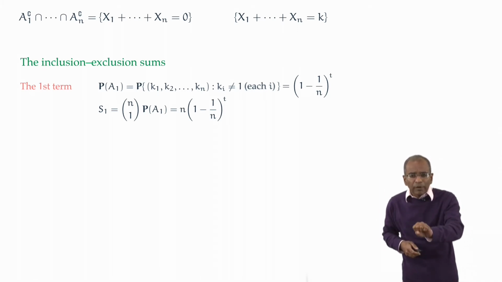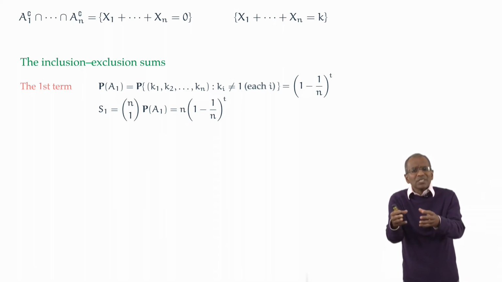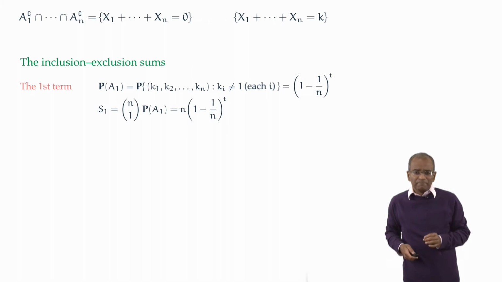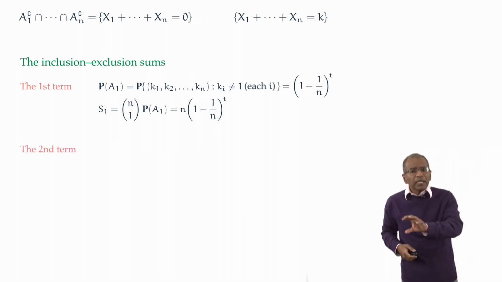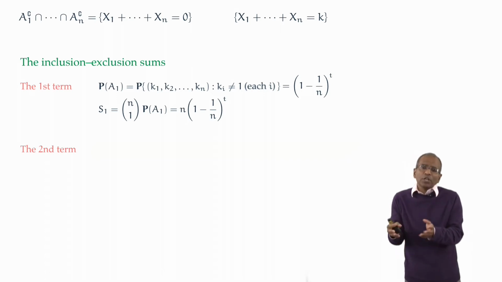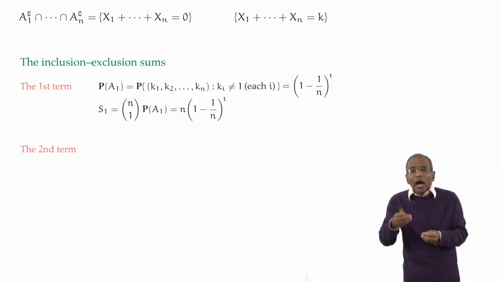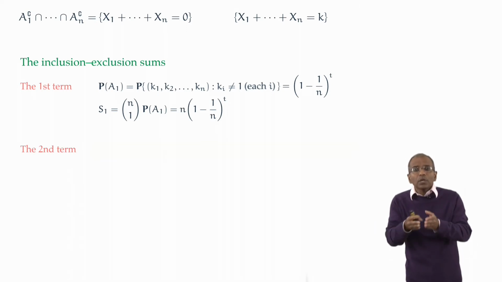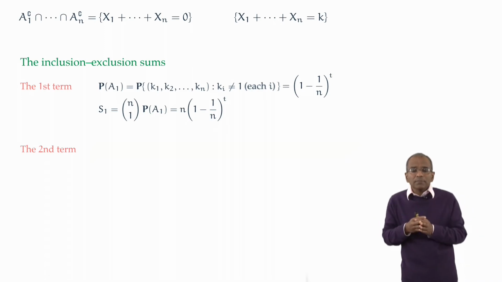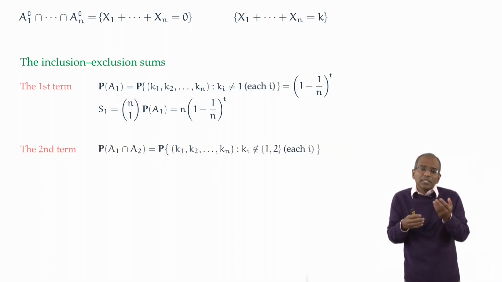We're not going to try to simplify it at this point. Let's build more ammunition before we come back and say, well, what is this strange thing behaving like? What can we say about the second term? Well, pick two generic coupons, let's say 1 and 2. What are the chances that we're unlucky enough to not acquire either 1 or 2 in t trials? That is the probability of A1 intersection A2.